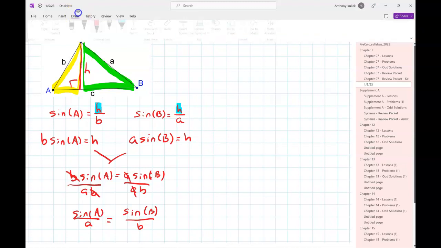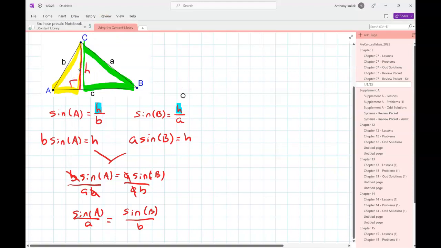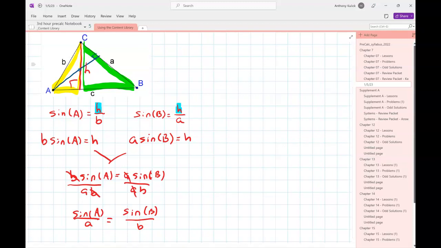And if I wanted to, I could then repeat this process, but instead of drawing my altitude from C, I could draw my altitude from either A or B. And doing that would get me this third part. And this right here is my law of sines.